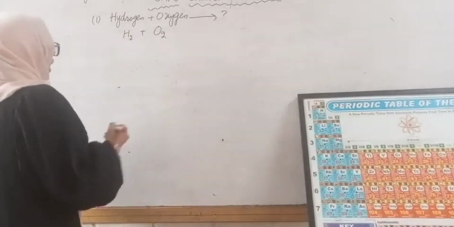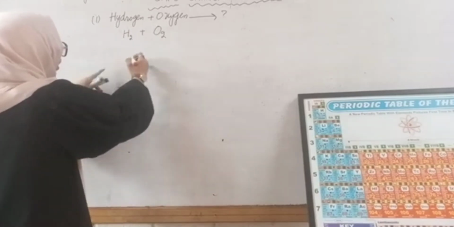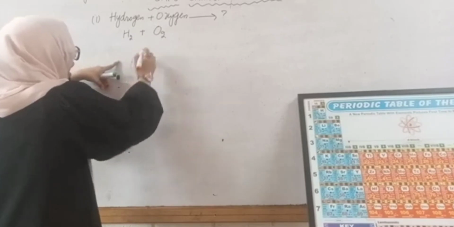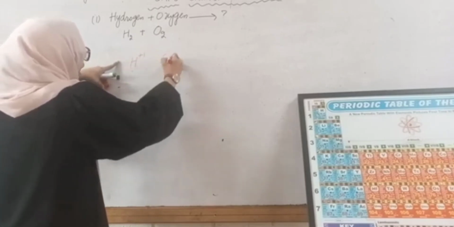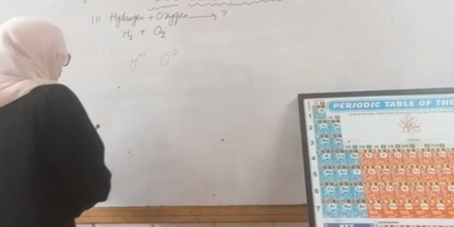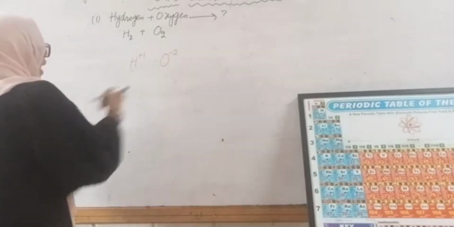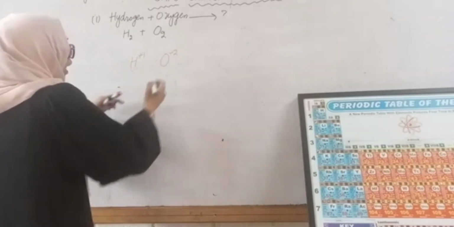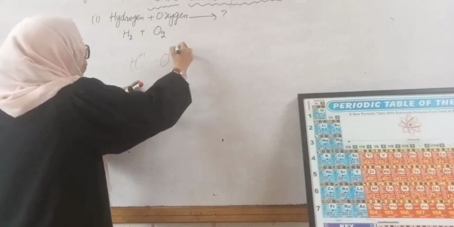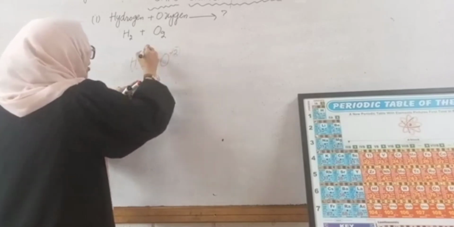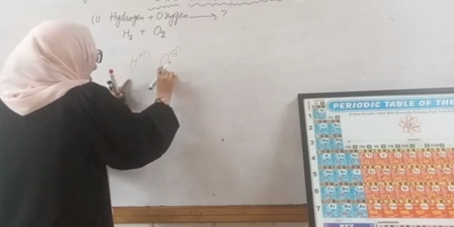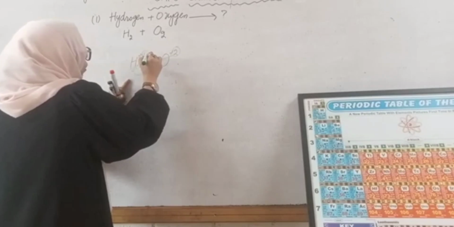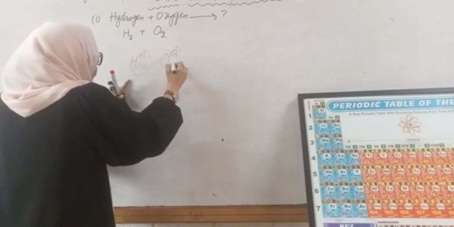For doing the chemical reaction in a vertical manner, we will use the charge. H has charge +1 and O has charge -2. Opposite signs will be cut with each other, and you know that the charge numbers will be distributed between these elements. 2 will be moved towards this side and 1 will move towards the next side at the bottom.